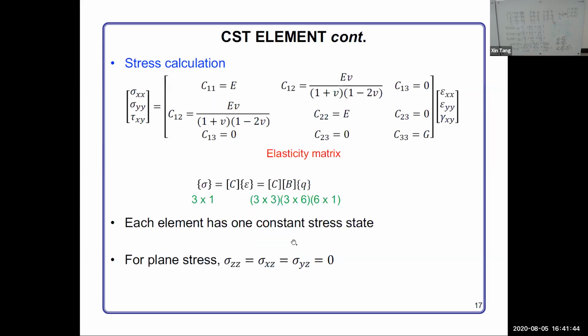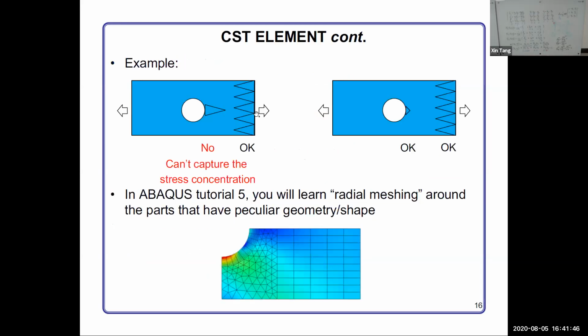Now, I want to go back to here. What we will see is an example of a plate under uniaxial stretch. You apply force on both ends. We don't need to consider how thick it is; maybe it has a finite thickness. Now in the XY plane, you will have a hole inside this plate.